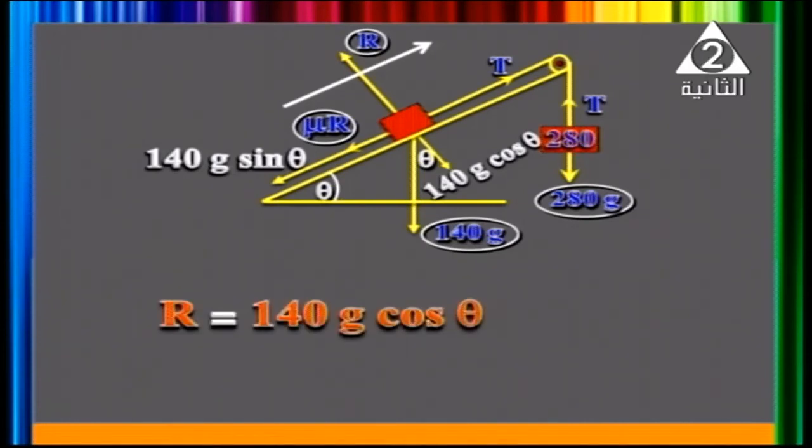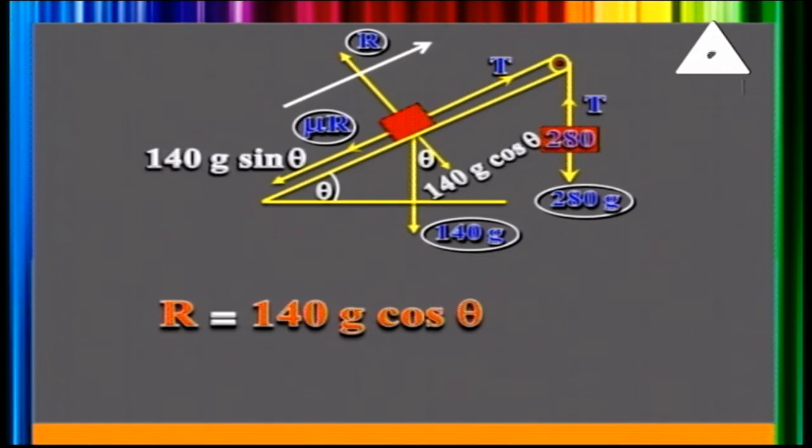Because we have the body, its weight 140g, mg, we resolve 140g to forces. The first force with greatest slope is 140g sine theta. The second is perpendicular on it, opposite R, 140g cosine theta, or mg cosine theta.